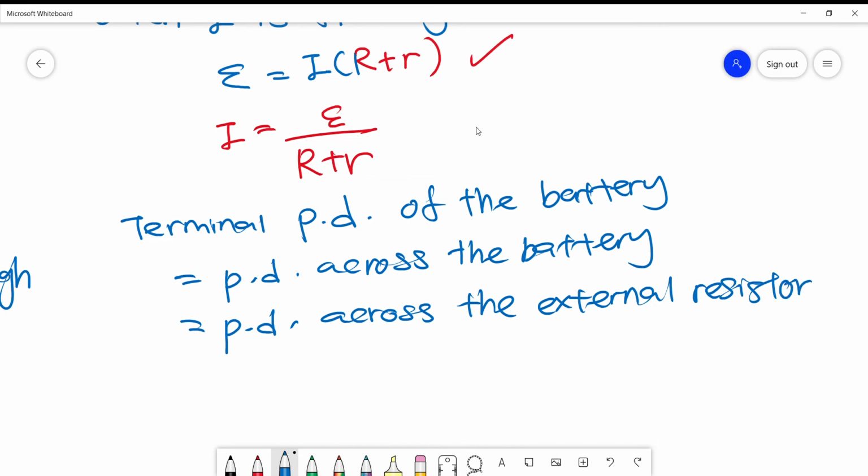Since we have only one resistor inside the diagram, the terminal potential difference of the battery is equal to the potential difference across the external resistor. So I can conclude that the total potential difference is equal to IR. IR is the potential difference for the external resistor, and at the same time it is also equal to the terminal potential difference of the battery.